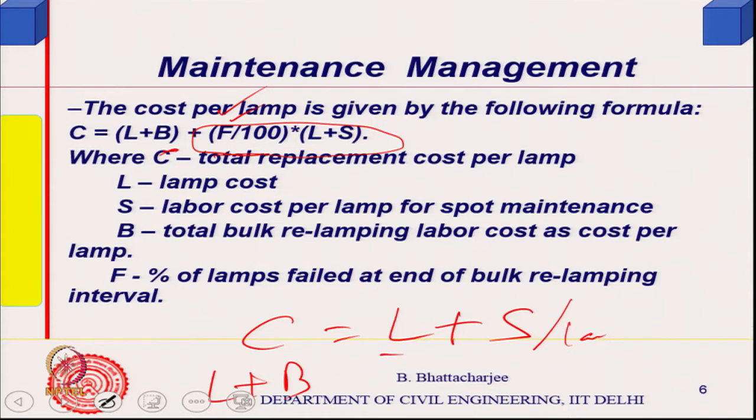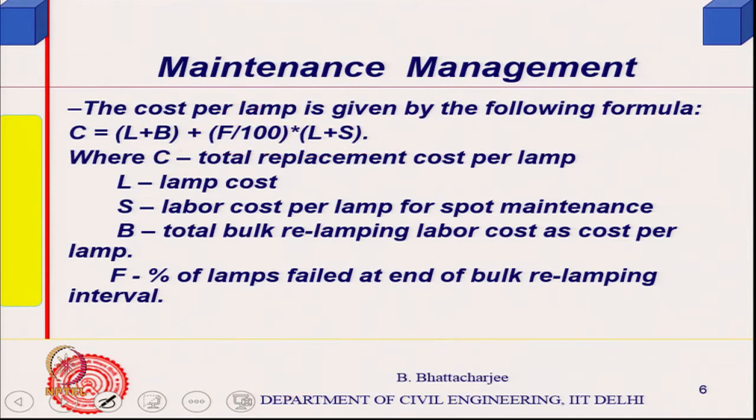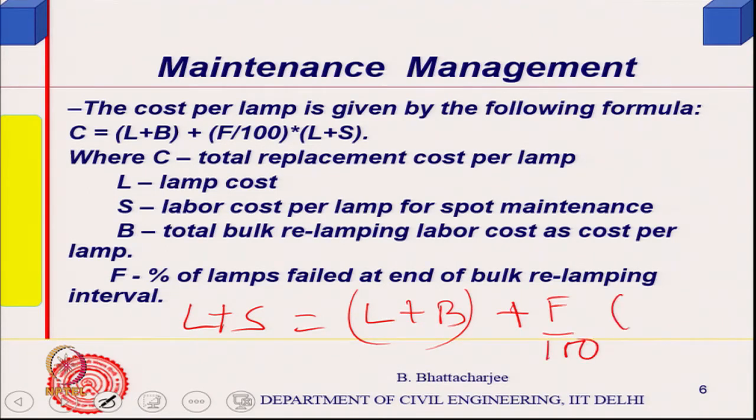I simply equate L plus S with L plus B plus f by 100 into L plus S. Then I will go for bulk replacement if this is less than or equal to. So, as the limiting case, let me take B as equal and find out the value of f.